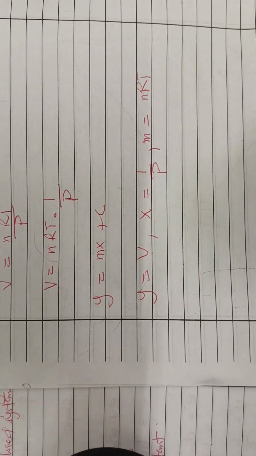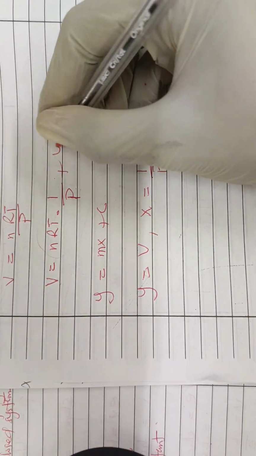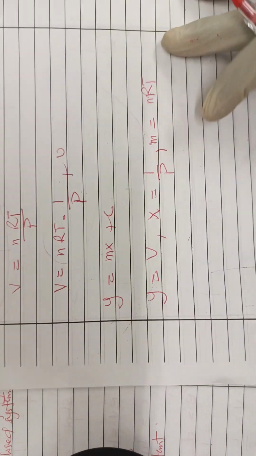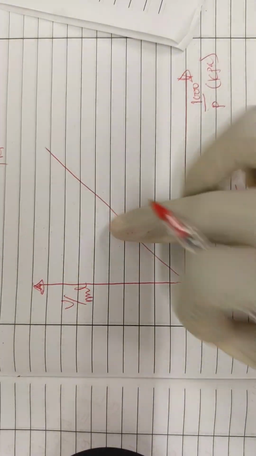And then our intercept becomes 0, so there's no plus anything here, so no intercept. So the graph is expected to go through the origin, the second graph.